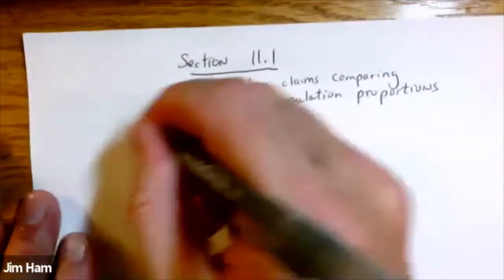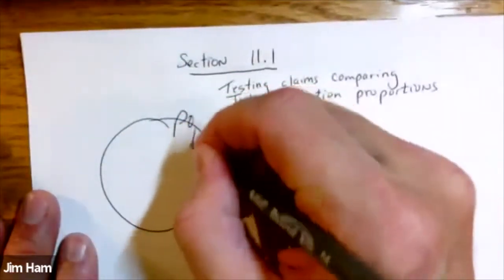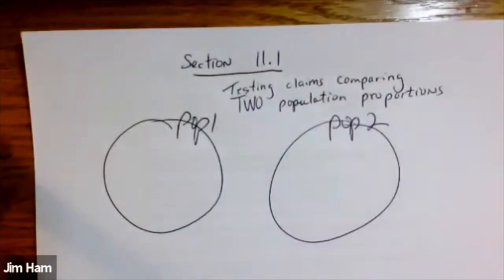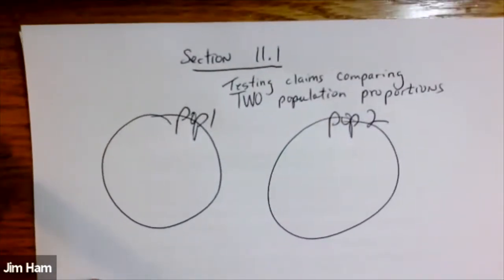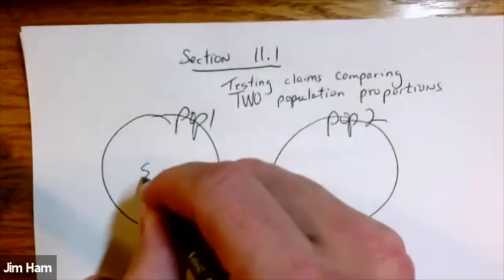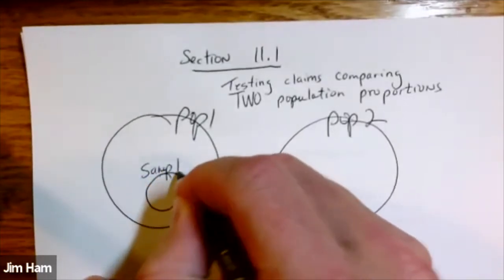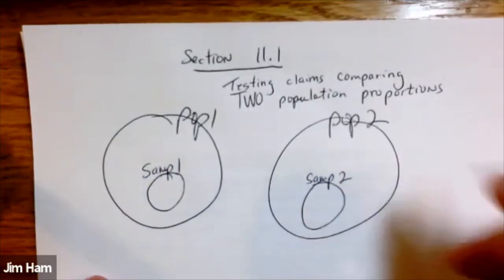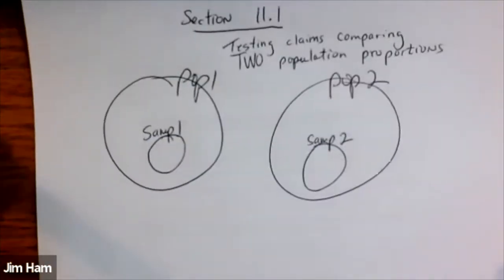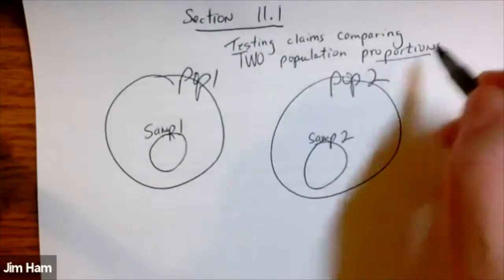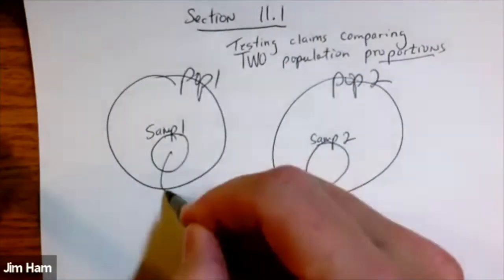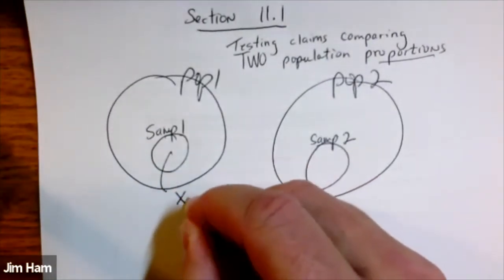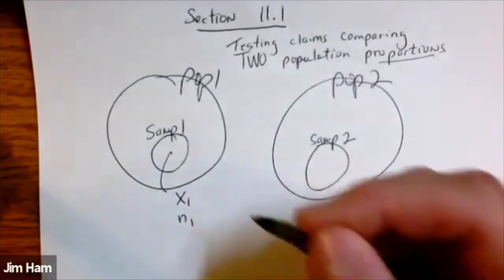So here's the idea. We have two populations, population 1 and population 2. What we're going to do is take a sample from population 1 and a sample from population 2. Since we're comparing proportions, from this sample, we're going to identify X1 and N1.